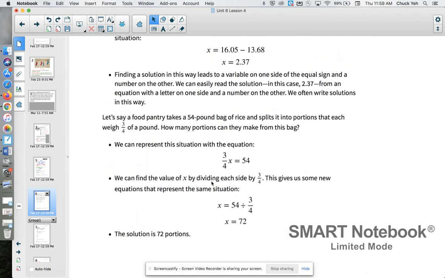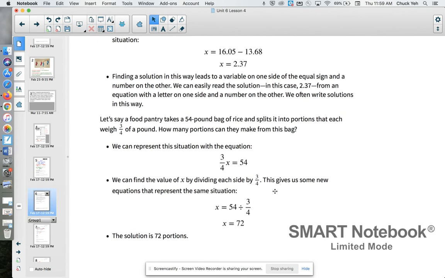Go ahead and pause this and then read that. We can represent this situation by doing 3/4 x equals 54. We move 3/4 to the other side. We make it into a multiplication problem, and then we reciprocal, so we switch it around. So basically, it's 54 over 1 times 4/3.